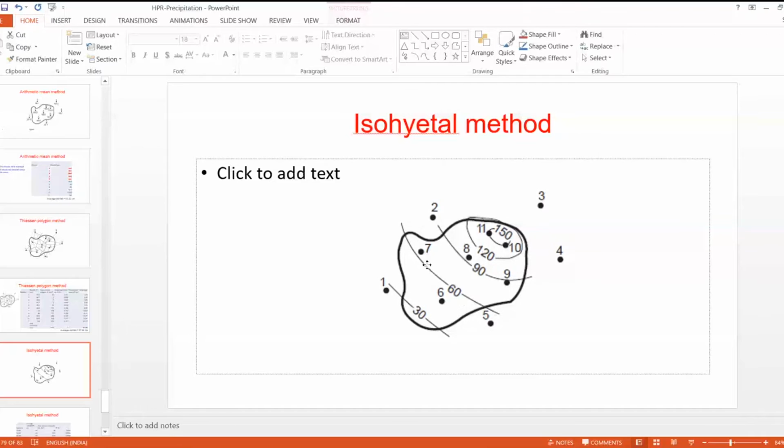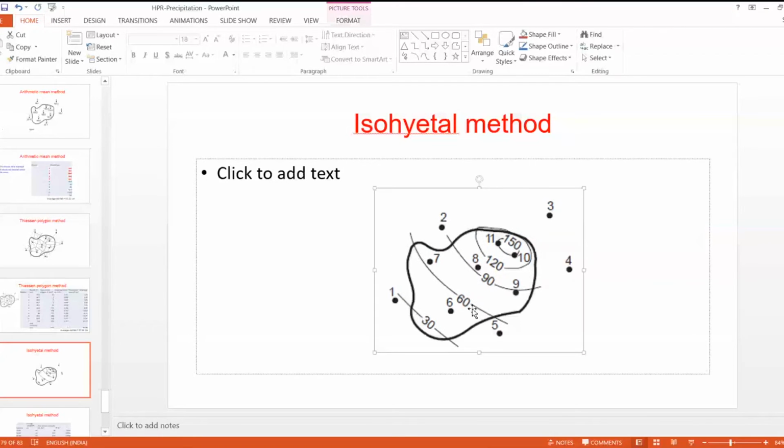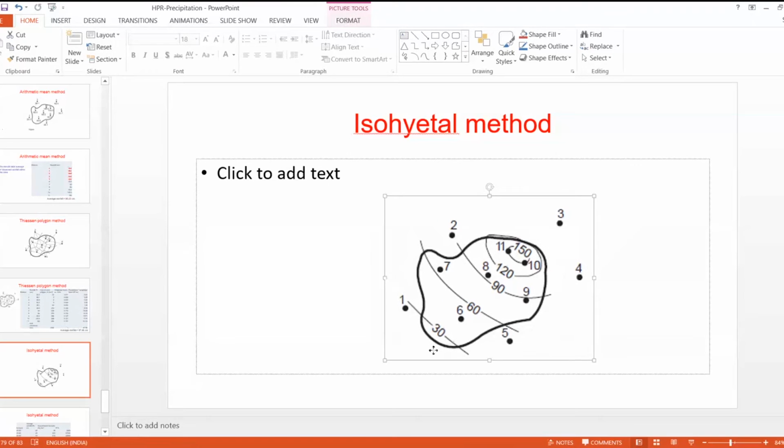Then this other contour line connects the rainfalls of 60 centimeter. Similarly, there are other contours. There is another contour, which is maybe 20, that is going outside this catchment area and is not shown.